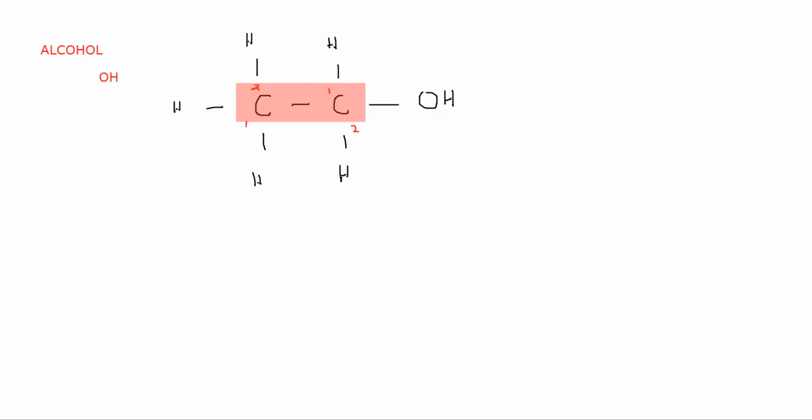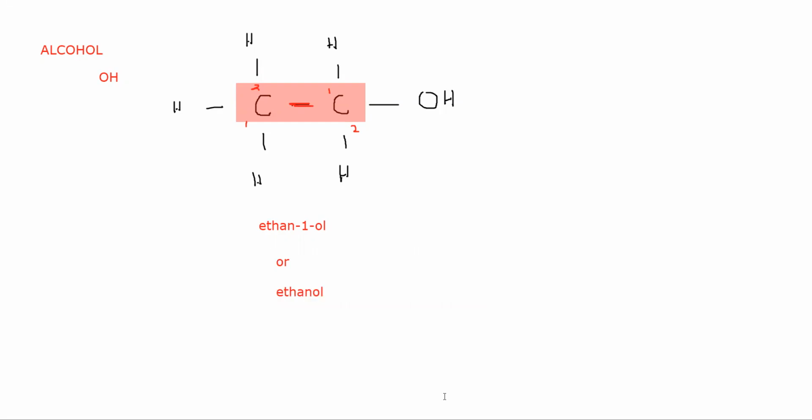Because there are two carbon atoms, we will say eth. What is the type of bond between the carbons? It is a single bond. So we will call that an, because there's a single bond. And OH is with the first carbon. So I can write ethane 1-ol, or simply ethanol.